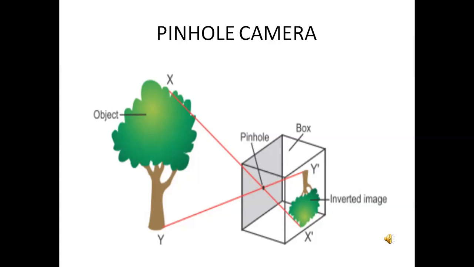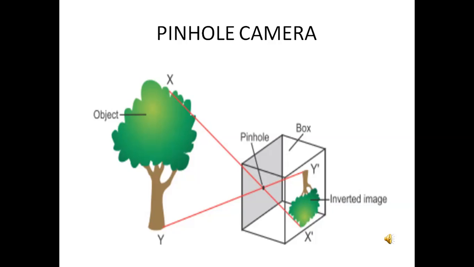As light travels in a straight line, one light ray from X travels along XO and strikes the screen at X dash. In a similar way, another light ray starting from Y travels along YO and strikes the screen at Y dash.